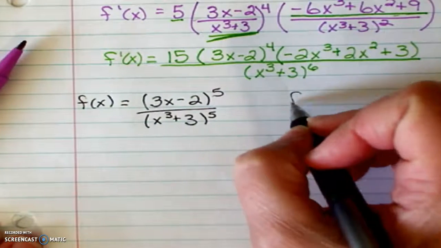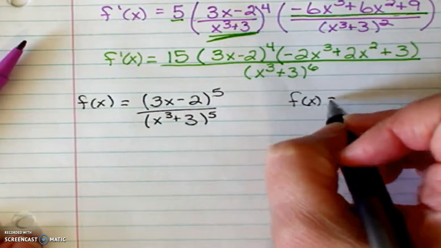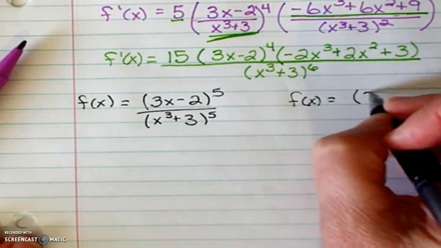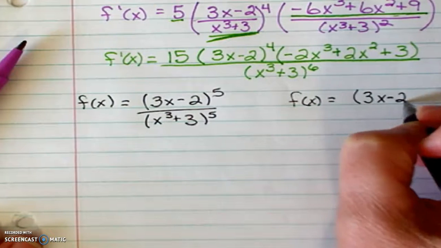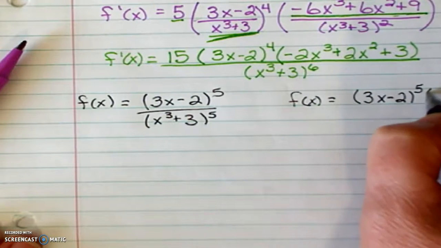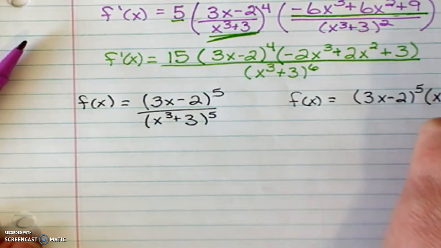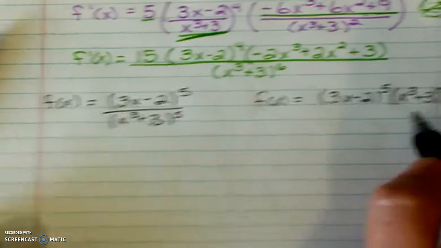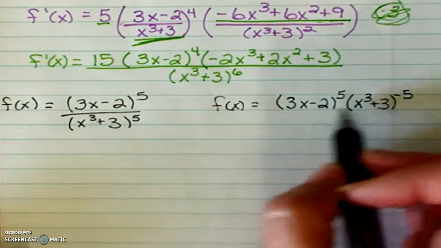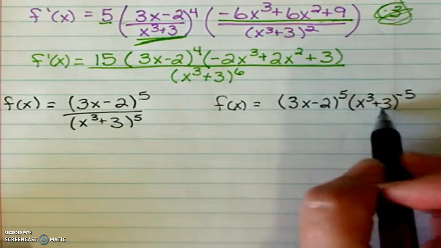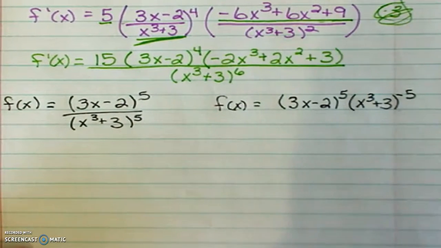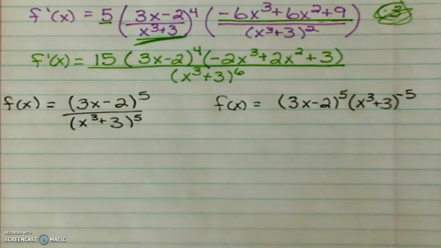Another way is that some of you choose then to move that denominator value up, and you had 3x minus 2 to the 5th and the quantity x cubed plus 3 to the negative 5th. And then from there you would do the product rule, 1d2 plus 2d1. So it's up to you. I don't care which method you use, but I'm just going to stick with the first method.